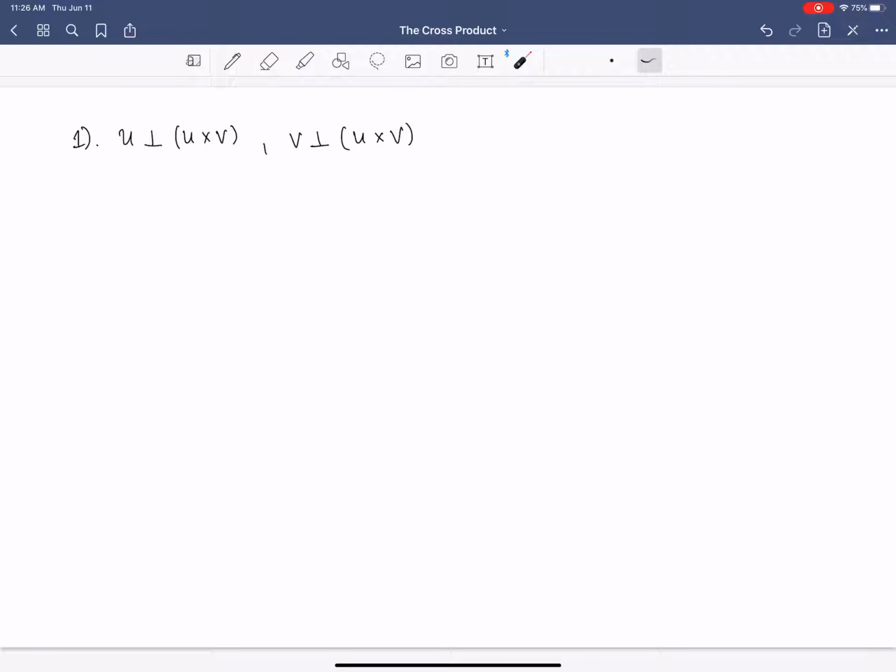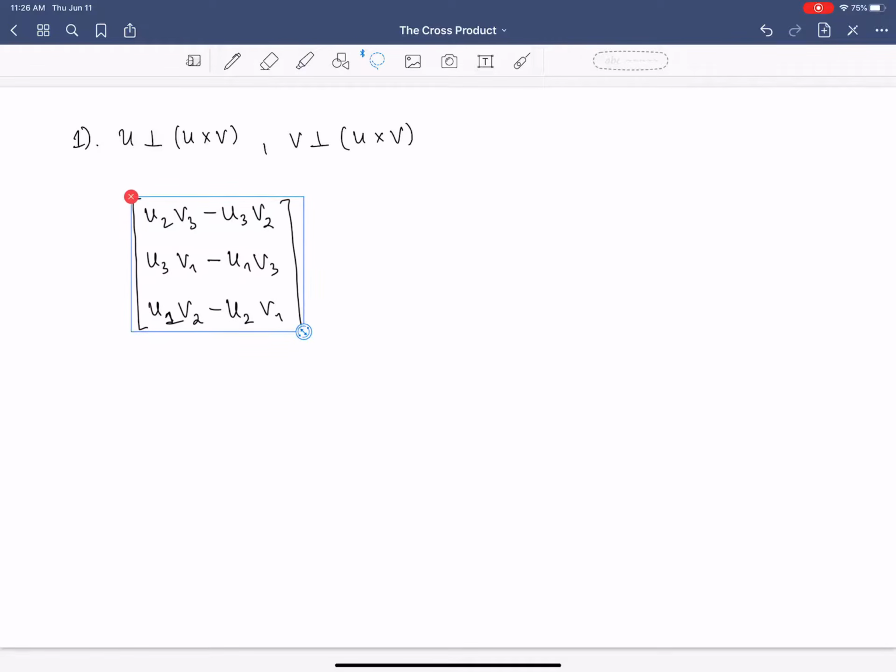So my formula for u cross v is right here. So this is u cross v. I get a vector. And to show orthogonality, I need to show that the dot product of u with u cross v is 0, right? Those are equivalent statements. So then let's take the dot product.